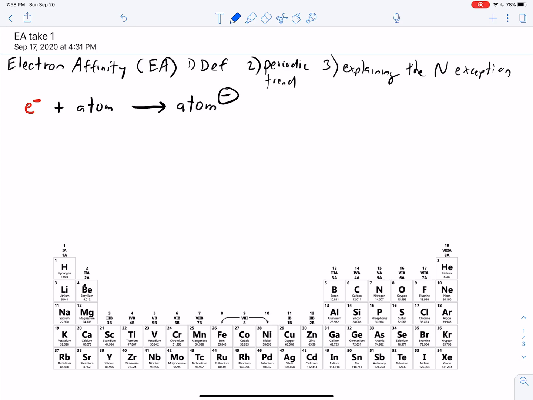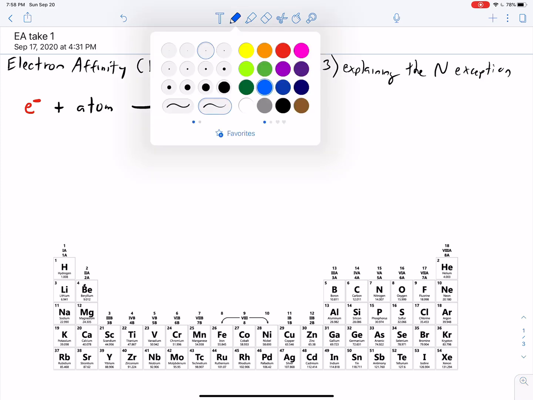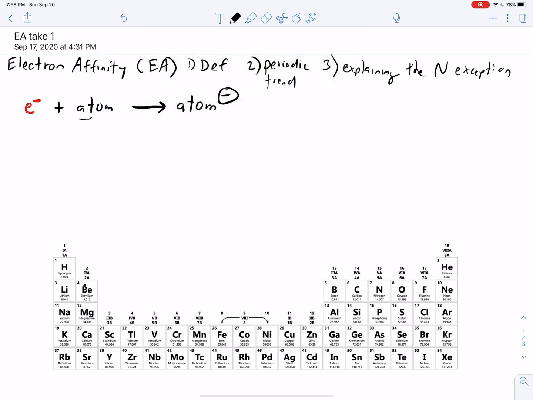So first, just to start with the definition, electron affinity is a measure of how much an atom is happy to accept an electron.